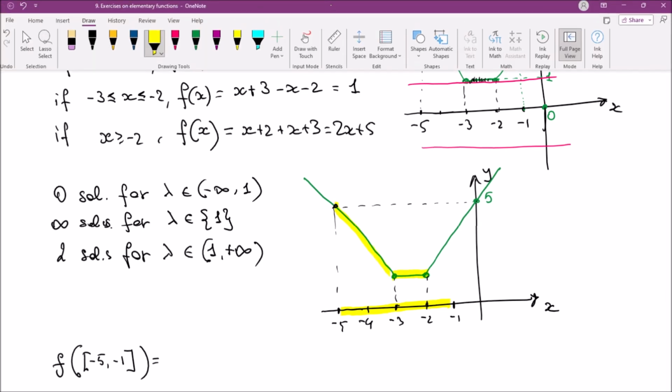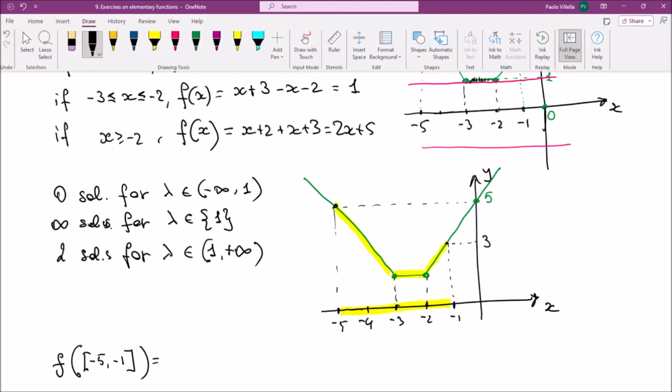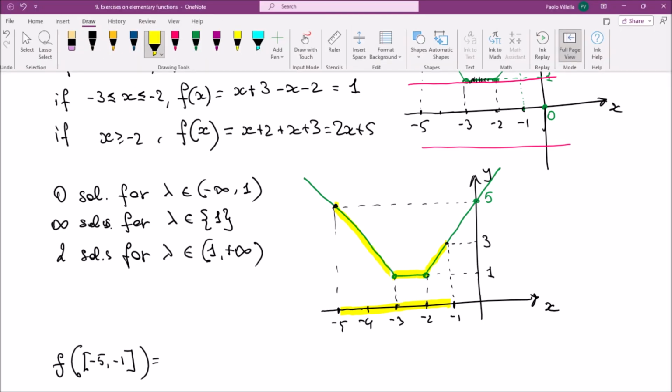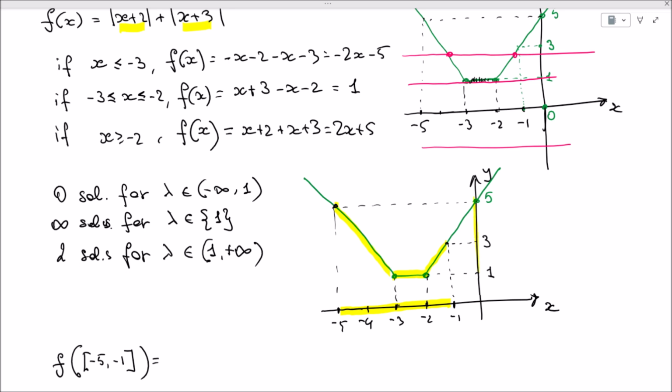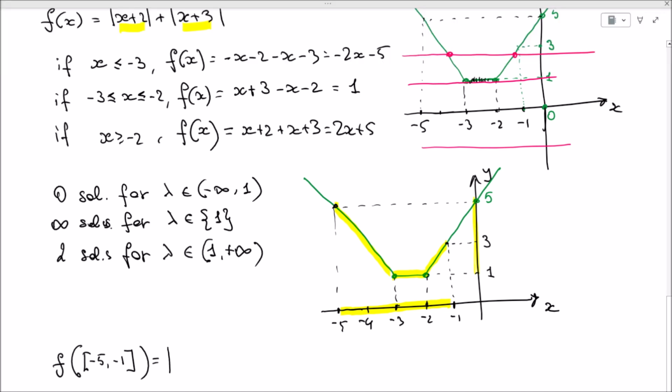We need to also find this, but we know that this is 3, so there will be also this part of the graph. Finally, we need to project this part of the graph on the y-axis. Remember that this is 1, so the projection identifies this interval. So we have [1, 5].